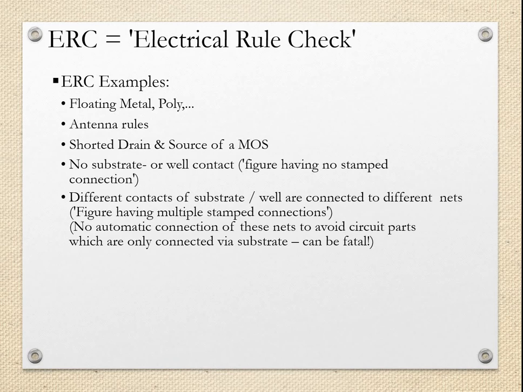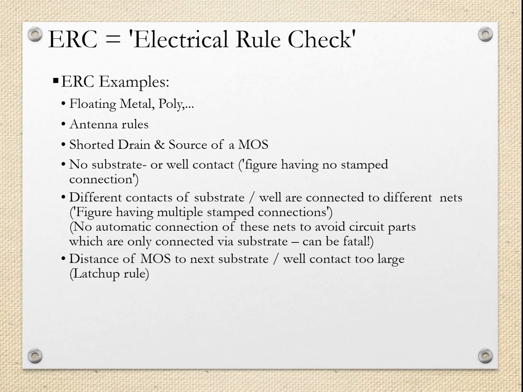The different contacts of the substrate or well are connected to different nets, so there is no automatic connection of these nets, to avoid circuit parts which are only connected via substrate, which can be fatal. Another example is the distance of a MOS to the next substrate or well contact being too large, which is checked by the latch up rule.